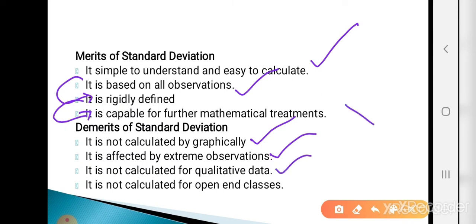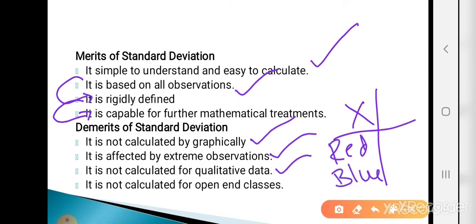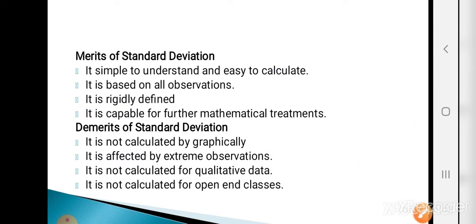For example, if we are given ungrouped data like red, blue, for calculating the variance we need the summation of x square. What is meant by x square? Just squaring the values of x. So red square, how to calculate red square? We can't calculate the square of qualitative data. So the standard deviation is not calculated for qualitative data, and similarly it is not calculated for open-end classes.